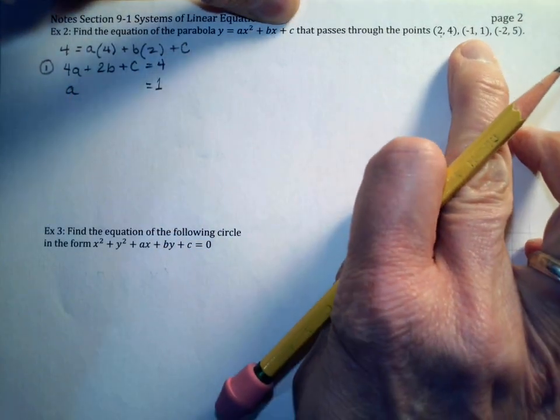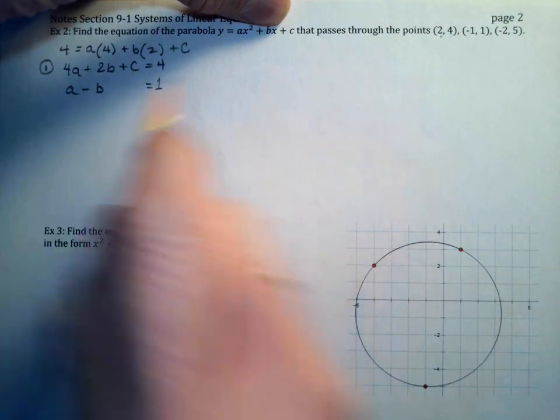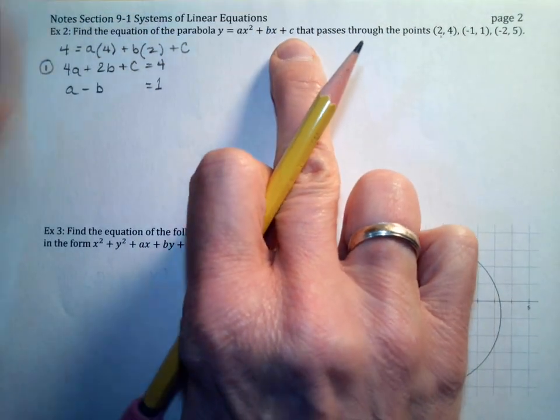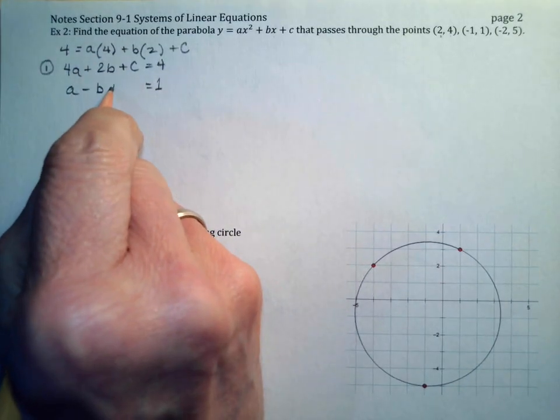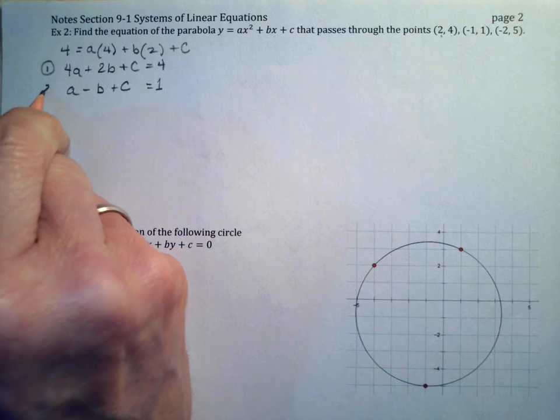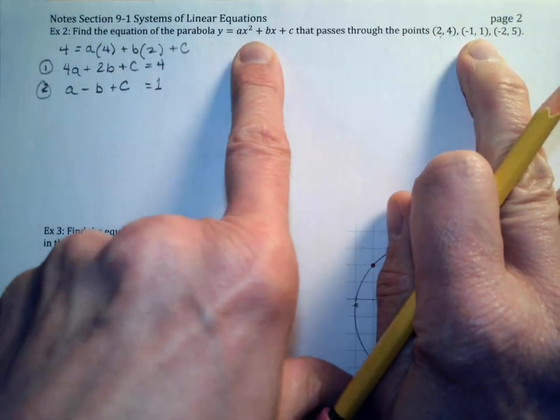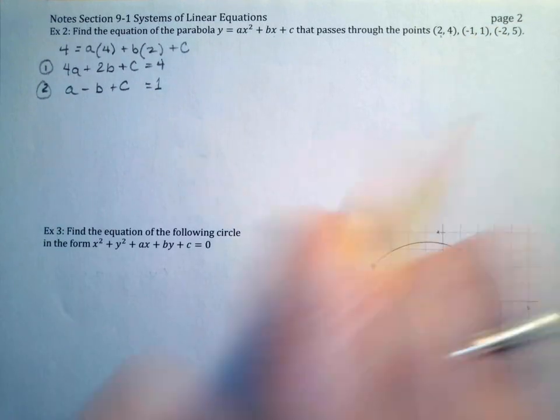And then when I put -1 in for the x here, that's going to give me -b. And then it's just c. There's no variable next to the c, it's just a constant. Okay, so that's equation 2. I plugged the second point's x and y values into the general equation and got the second equation.